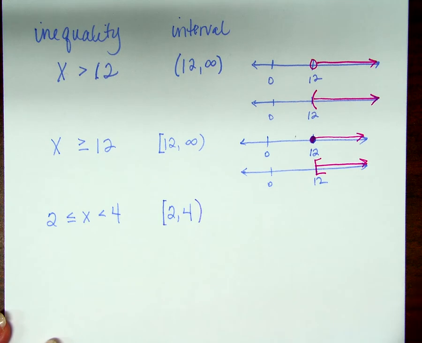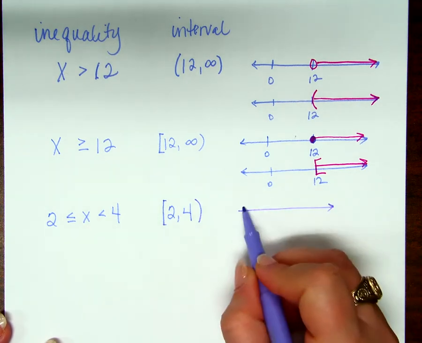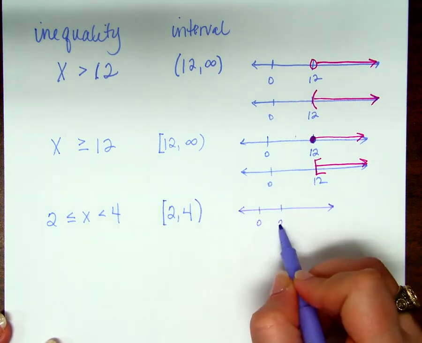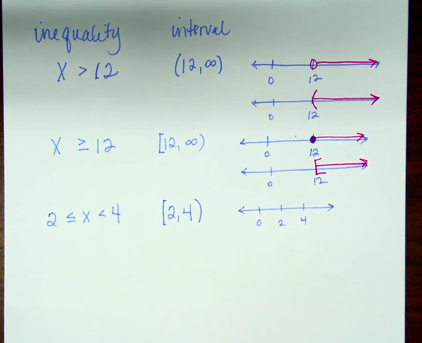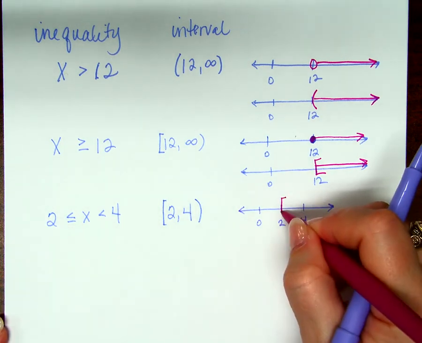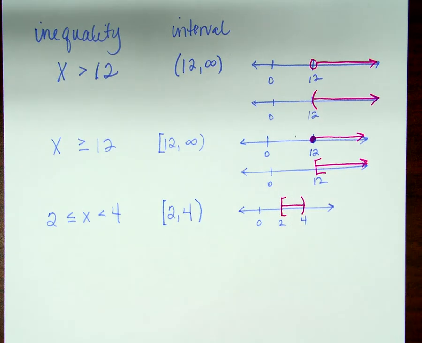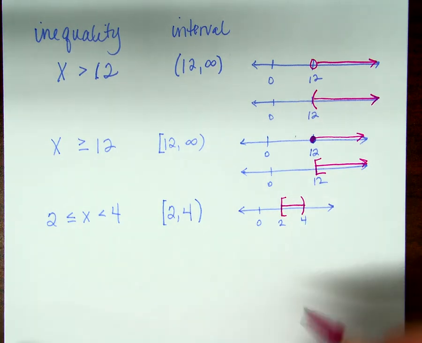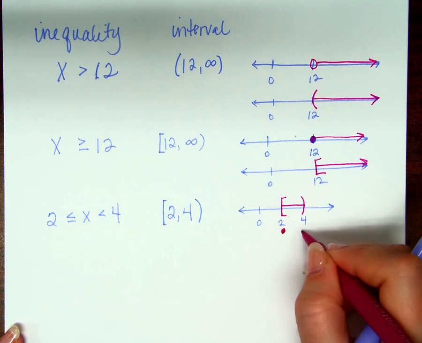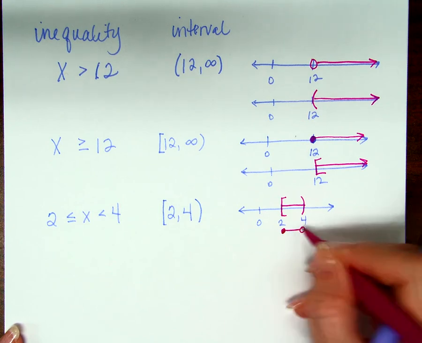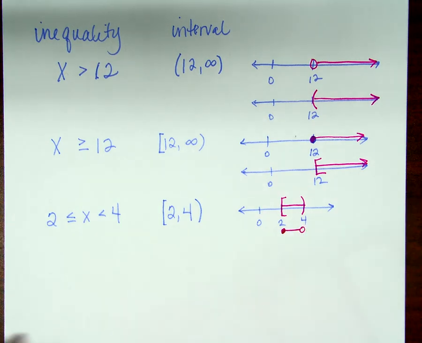Okay? So on a number line, I've got 0 and 2 and 4. So it's going to go from 2 to 4 with a line in between it, or it could be a closed circle and an open circle with a line in between. Okay?